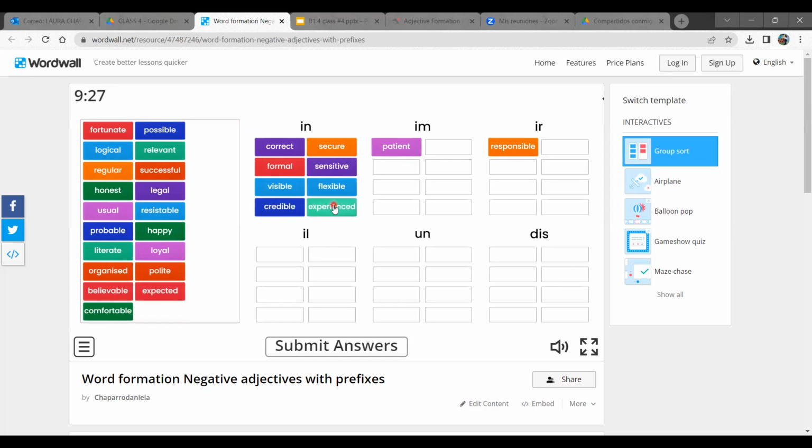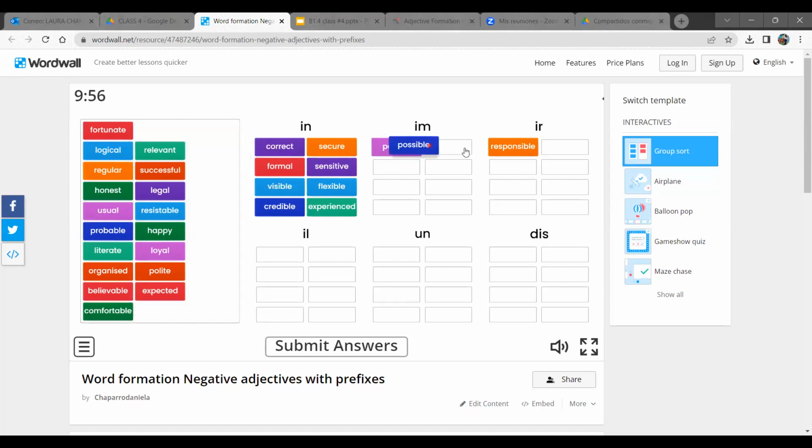Now let's go with the second category with M. Impossible. Yes. Impossible. We can also take this experience? No, it's not correct. Impossible and improbable.